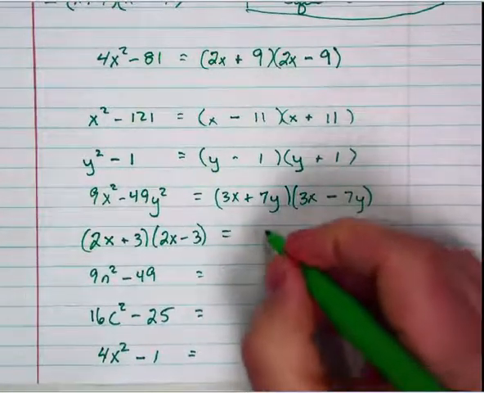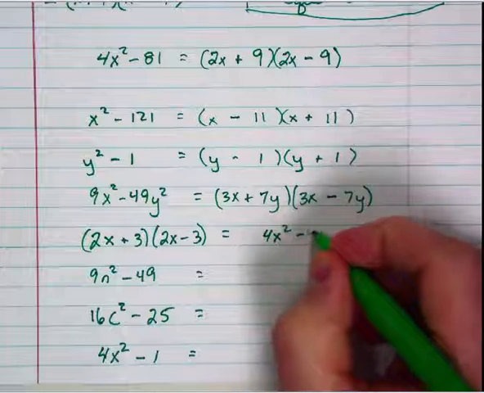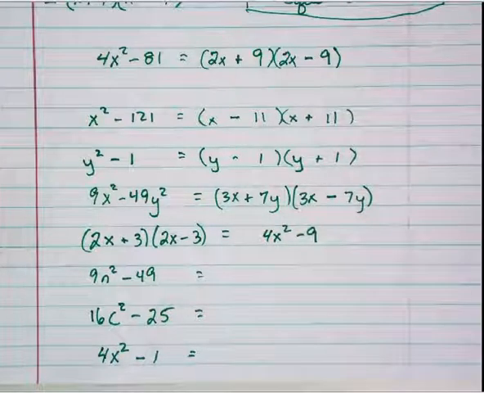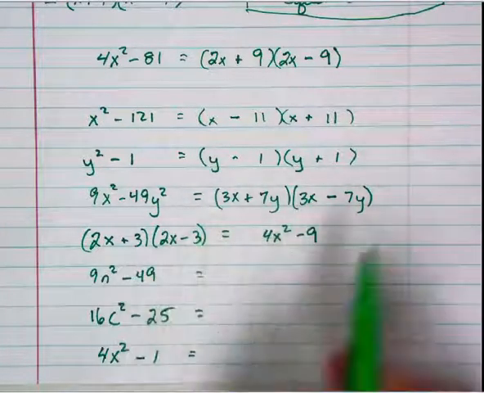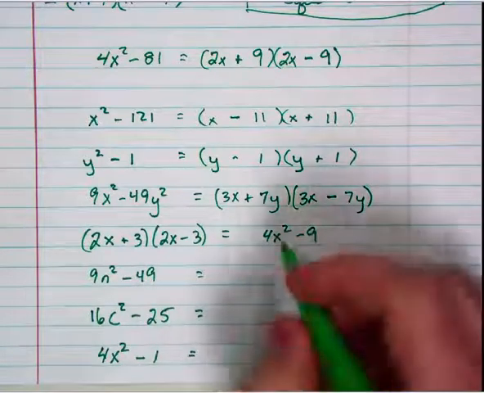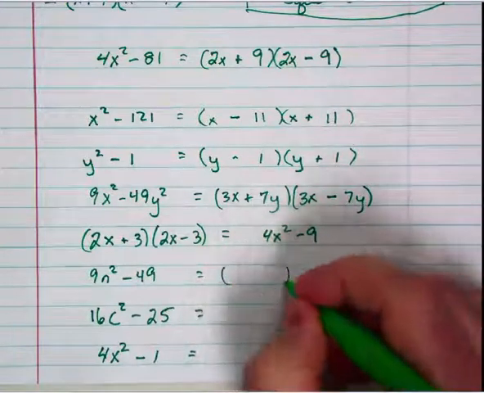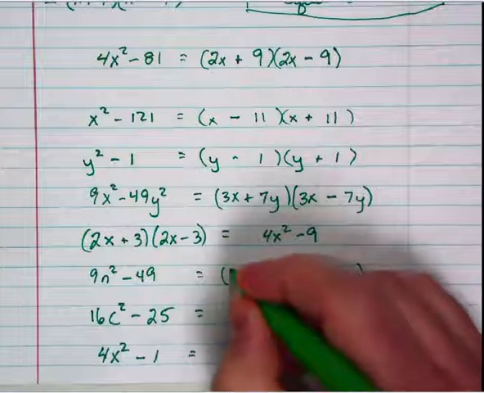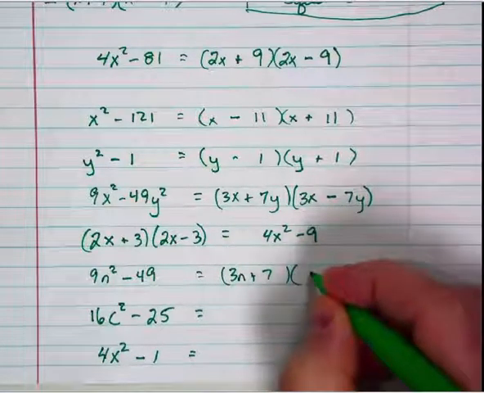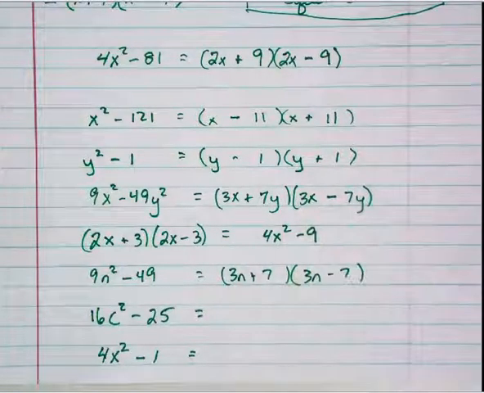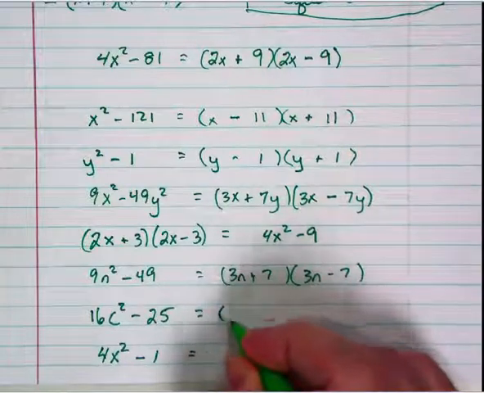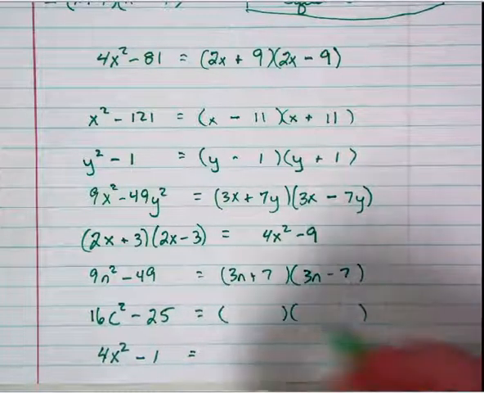Alright, here I got 4x squared minus 9. So if I recognize the similarities between these, again, I see this is the difference of perfect squares, so I should have 3n plus 7 and 3n minus 7. This I also recognize as the difference of perfect squares.